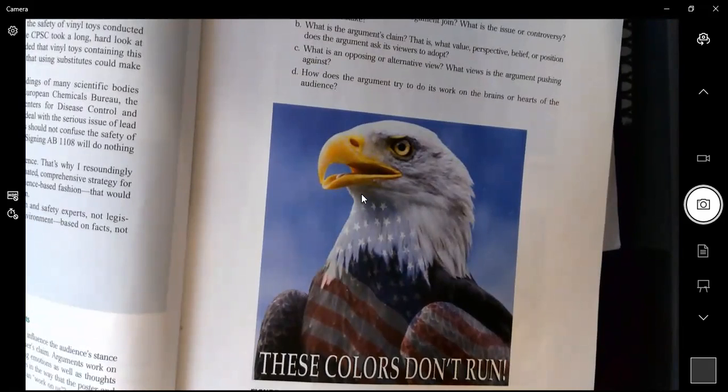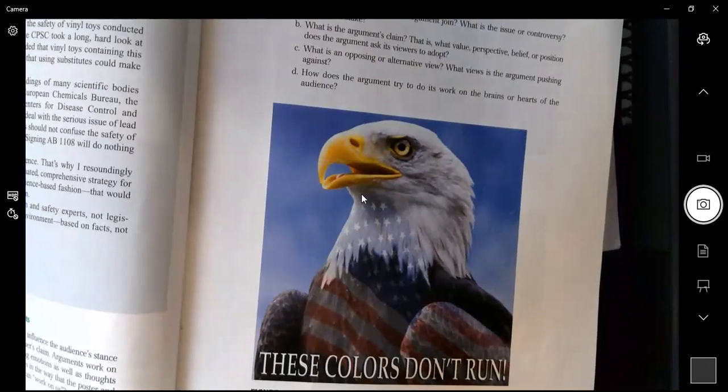So in the case of this, these colors don't run would be, the explicit argument would be something like, the American flag is a symbol of bravery and freedom and not backing down from a fight, as is the national bird, the bald eagle.